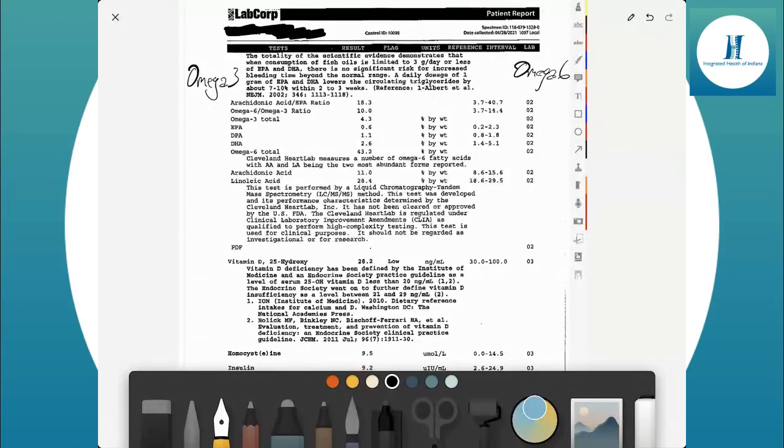Both are essential fatty acids. One is not better than the other, but you need them both. It's the ratio of 3 to 6. Americans can have, it's not unusual for me to see a 12 to 1 ratio of 6s to 3s. This person, the ratio is a 10 to 1.